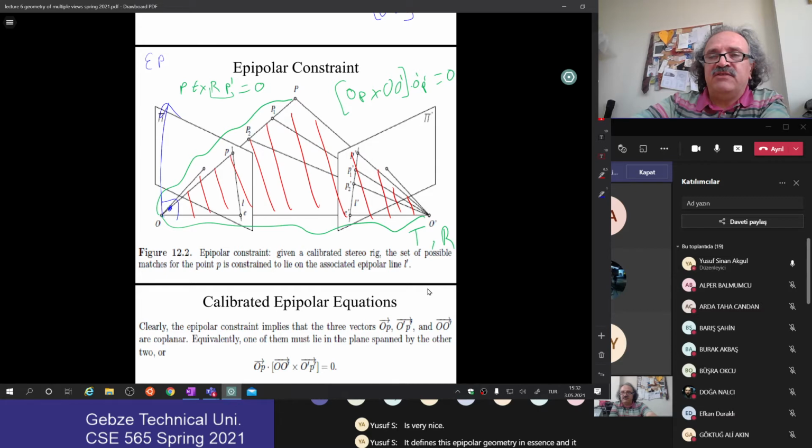What is the size of K? K is 3 by 3, right? So the essential matrix is 3 by 3. This is 3 by 3.